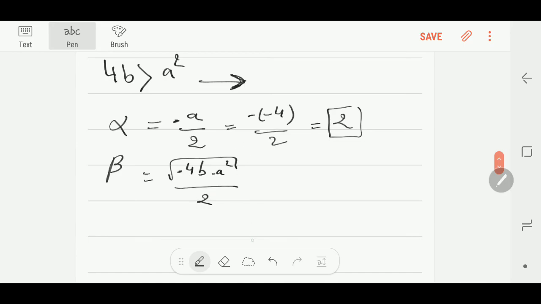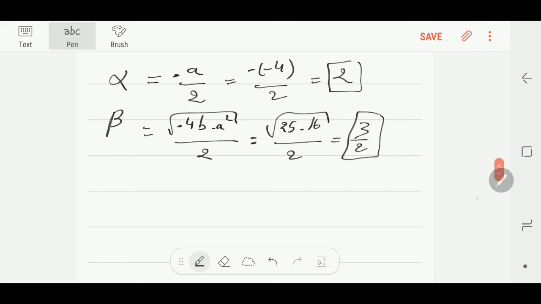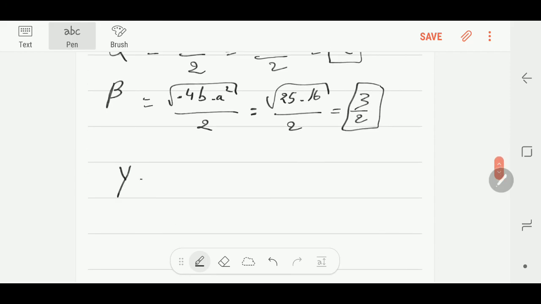So you don't have to memorize all this stuff. You have it during the exam. It's all in there. So beta is the square root of 25 minus 16, over 2. Simplify it, you're going to get 3 over 2. That's our beta. And then the general solution that we have is y equals e to the alpha x.